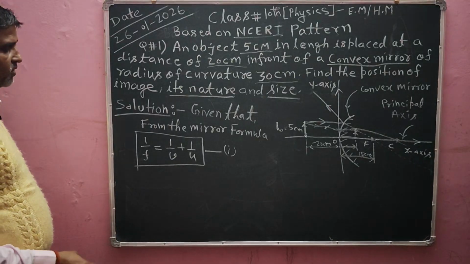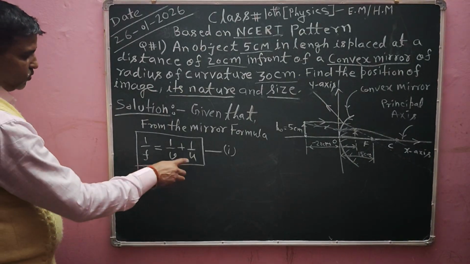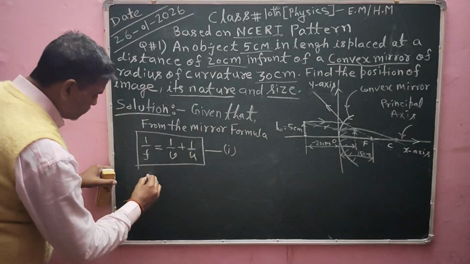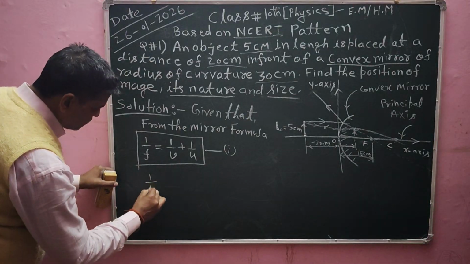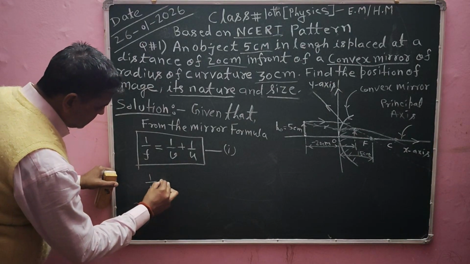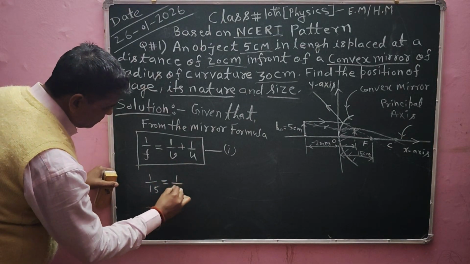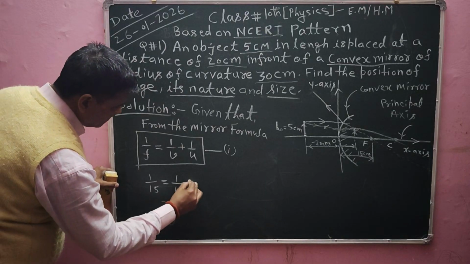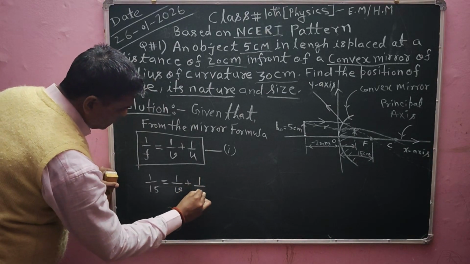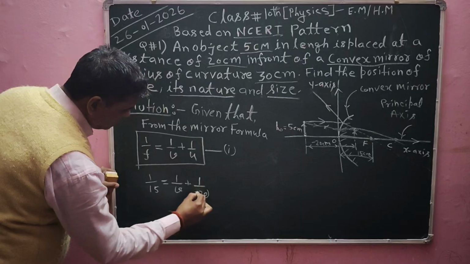In equation number 1, I will substitute the value of u, v and f. So 1 by f, the value of f I have to put here 15, equal to 1 by v plus 1 divided by minus 20.